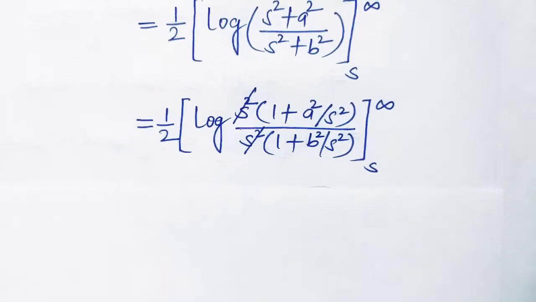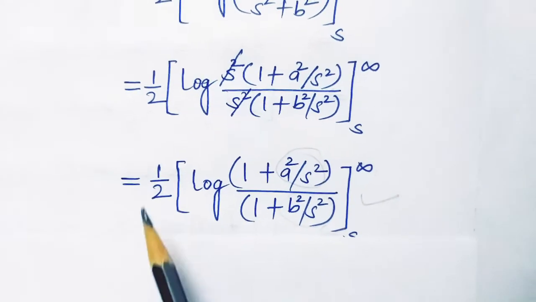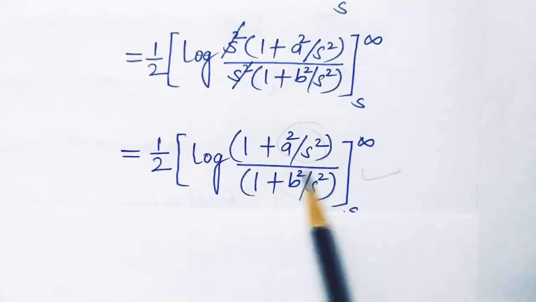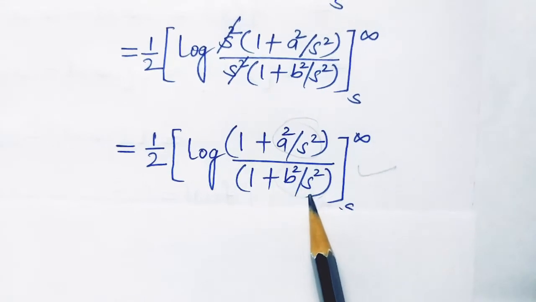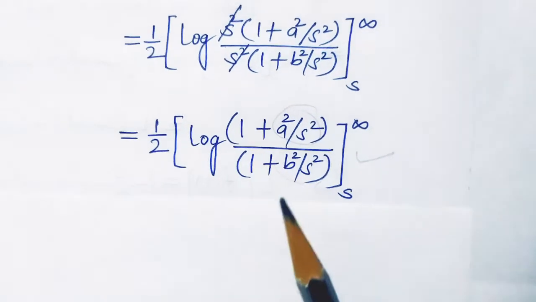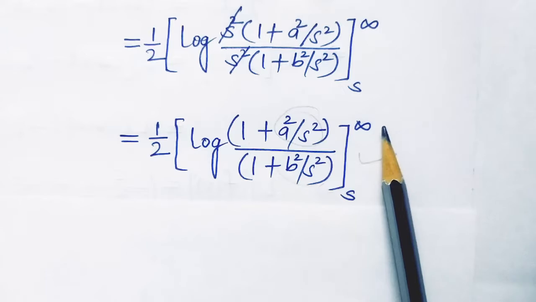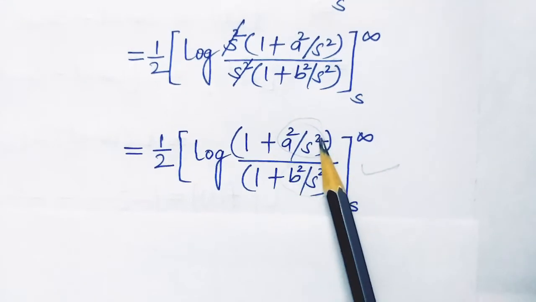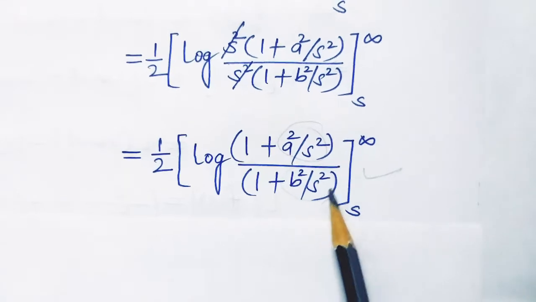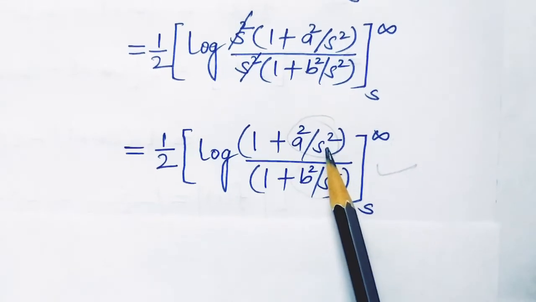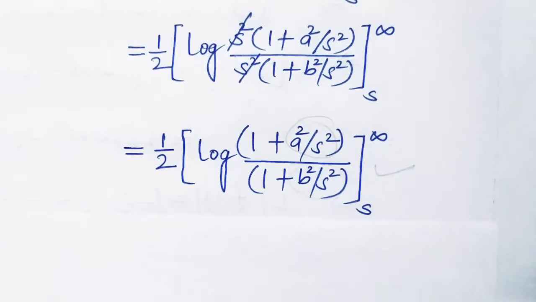So it gives this particular form: 1 by 2 log of (1 plus a square by s square) divided by (1 plus b square by s square) between s to infinity. Now if I substitute s to be infinity, a square by infinity is 0, again b square by infinity is also 0. So it is log of 1. Again, s needs to be replaced by s only.